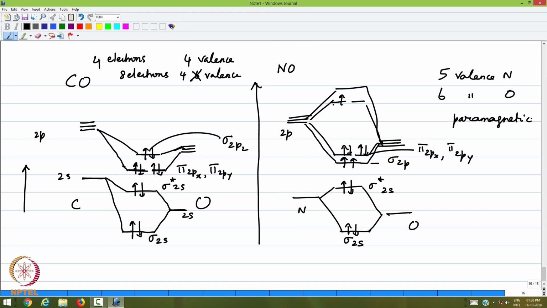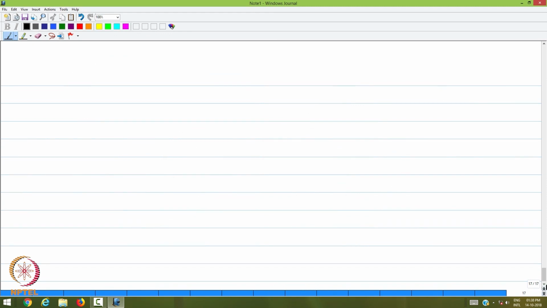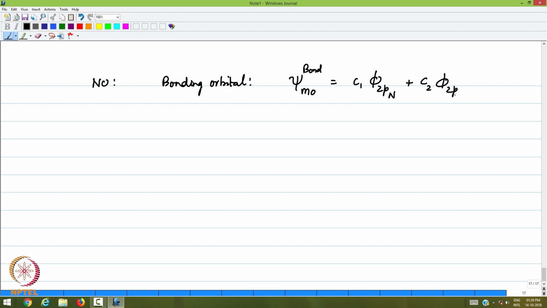Another important factor is that when we write the bonding orbital, for example for the 2p, psi MO bonding equals C1 times the 2p orbital for nitrogen plus C2 times the 2p orbital for oxygen.